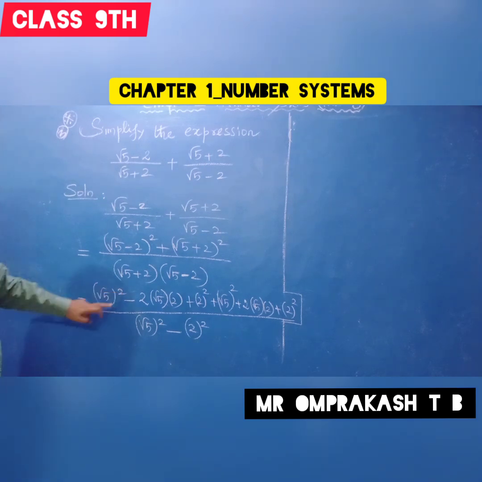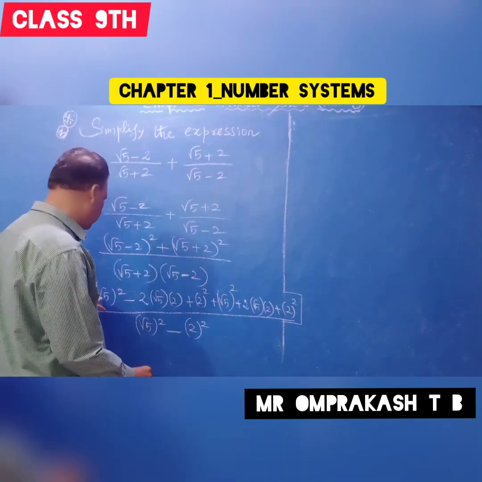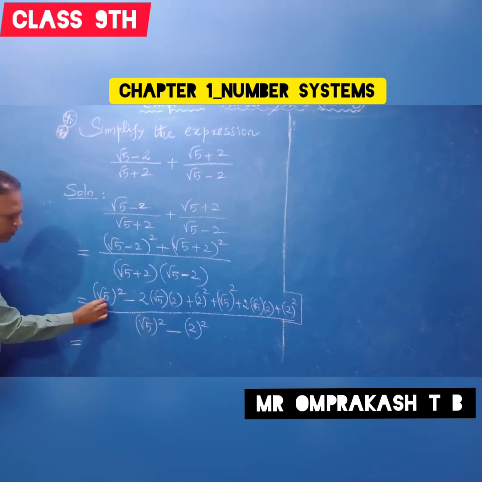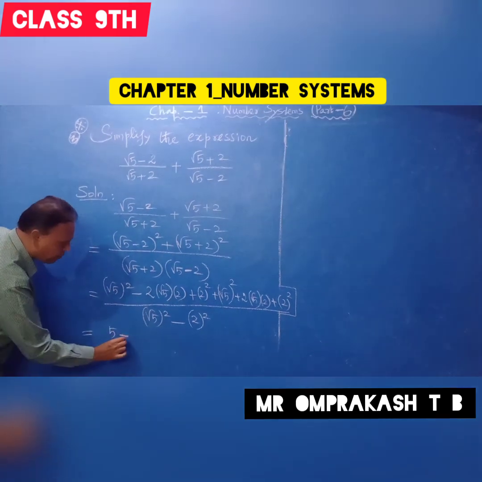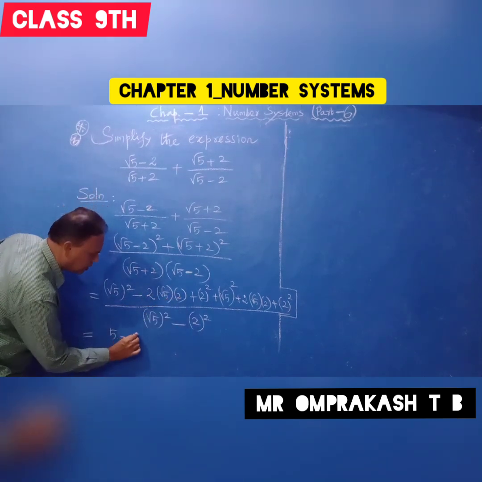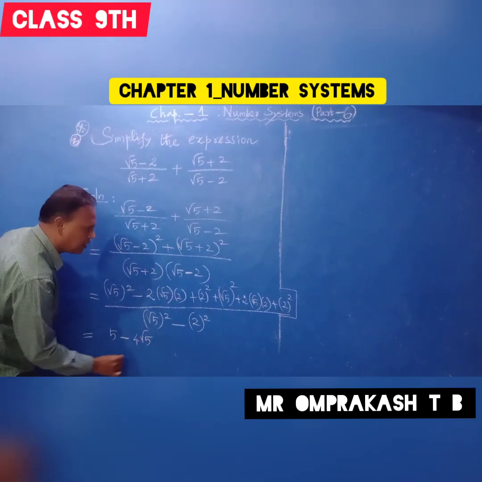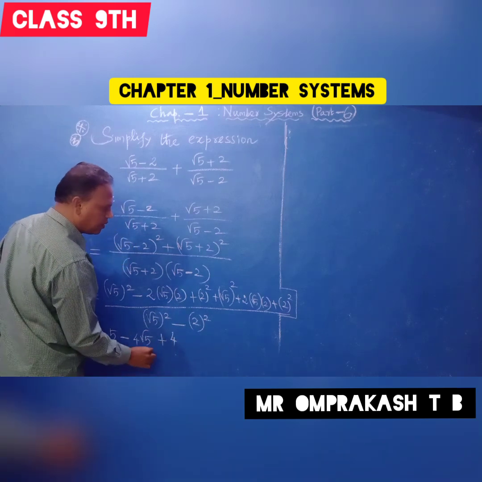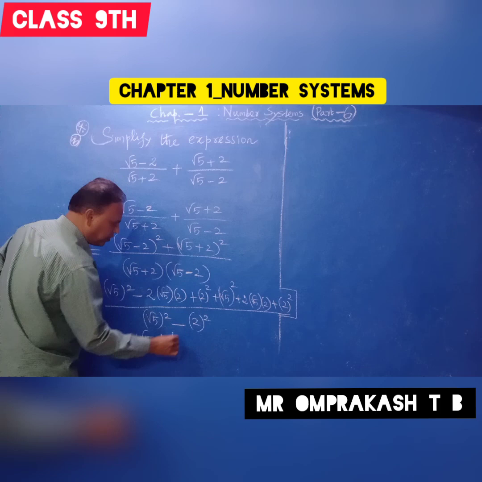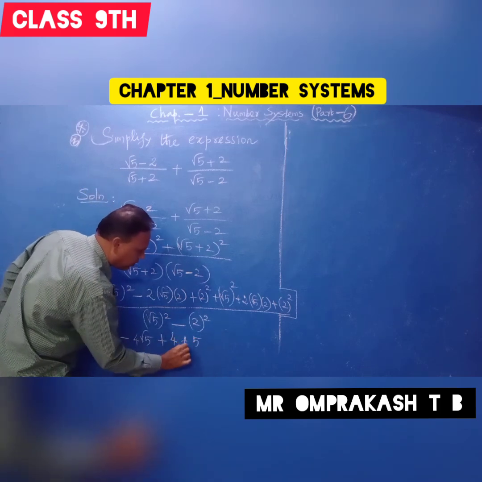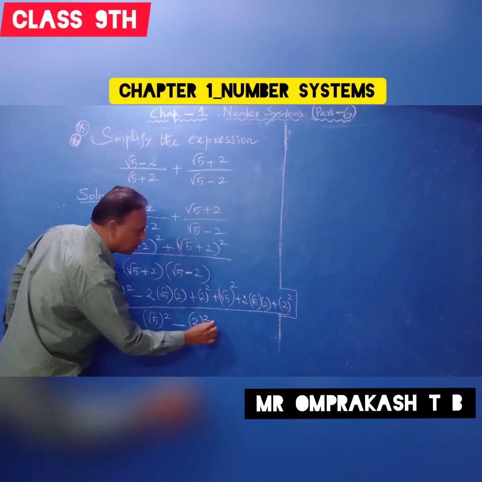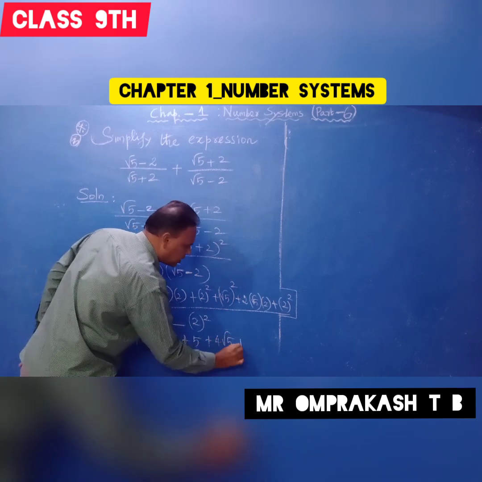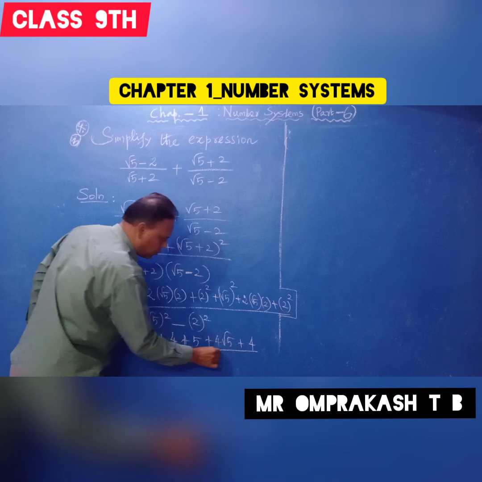Now root 5 squared is 5, minus 4 root 5, plus 4. Here also root 5 squared is 5, plus 4 root 5, plus 4. The denominator is 5 minus 4, since 2 squared is 4.